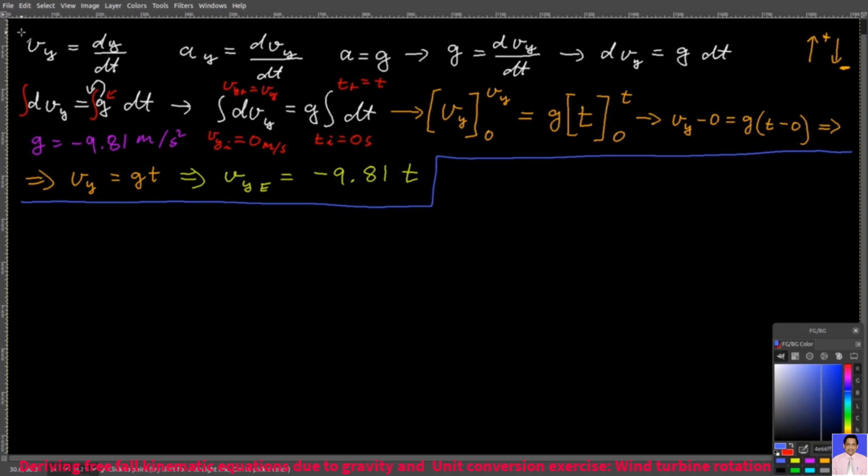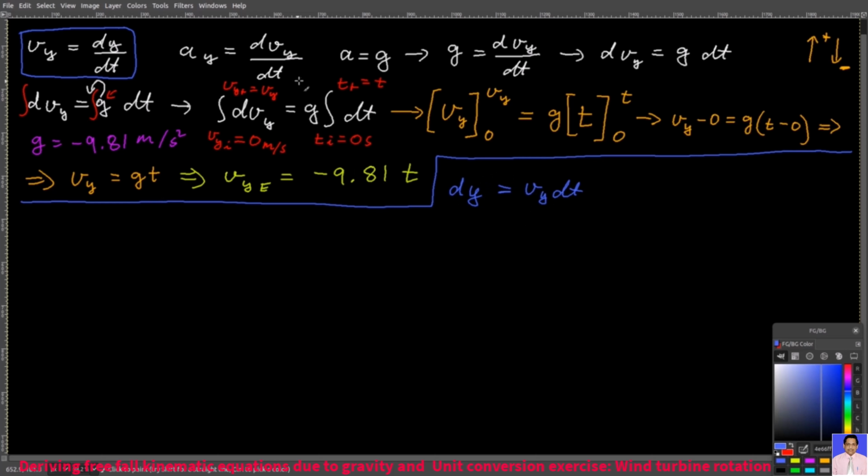And now, from this formula here, you can see that vy equals dy over dt. You can rewrite it like this: dy equals vy dt. So now what we're trying to do is get a function for the position values.